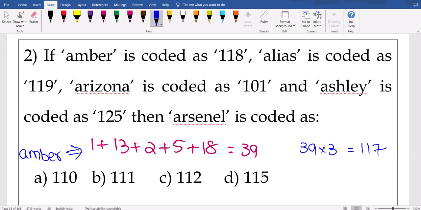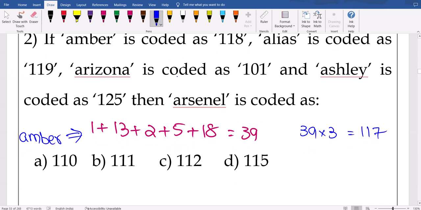Next one is Alias: 1 plus 12 is 13, plus 9 is 22, plus 1 is 23, plus 19 we got 42. Multiplied by 3 plus 1, it's not giving the 127 required.